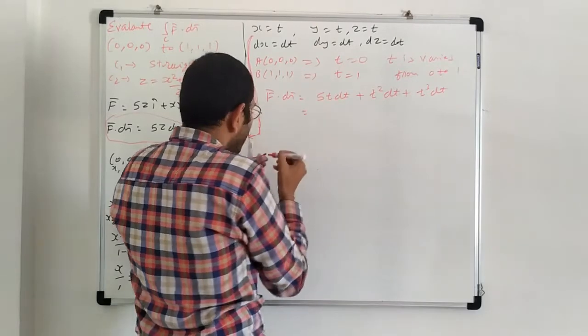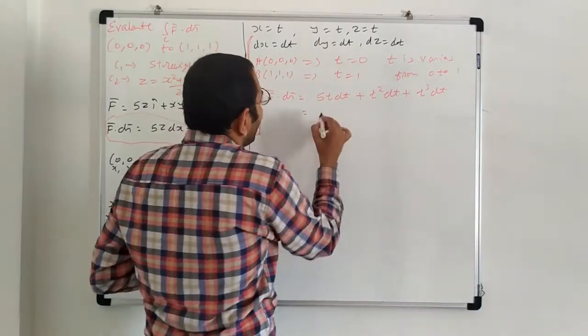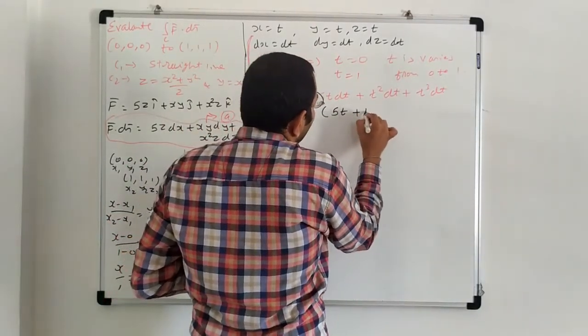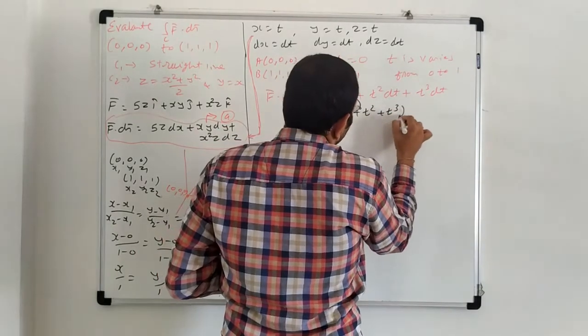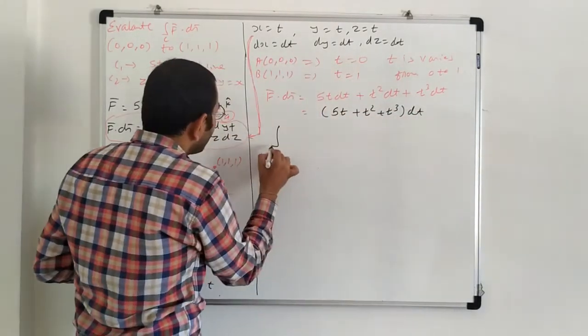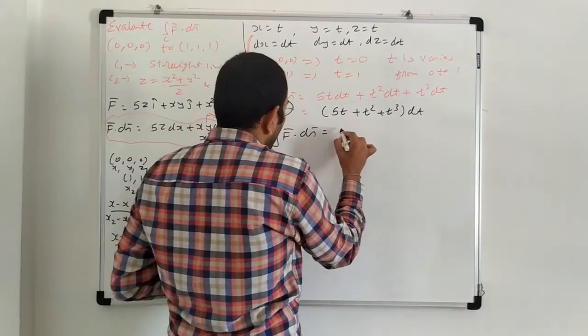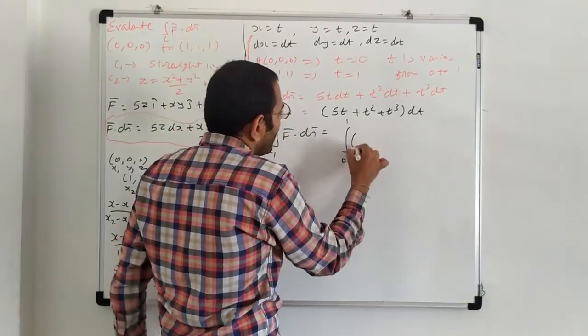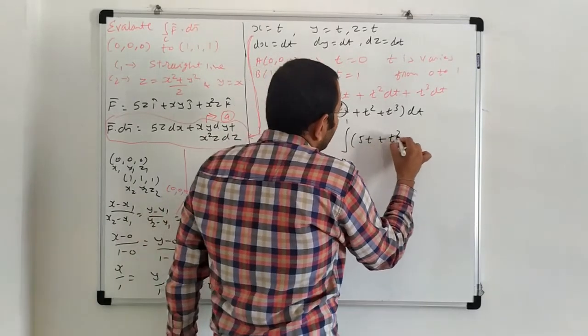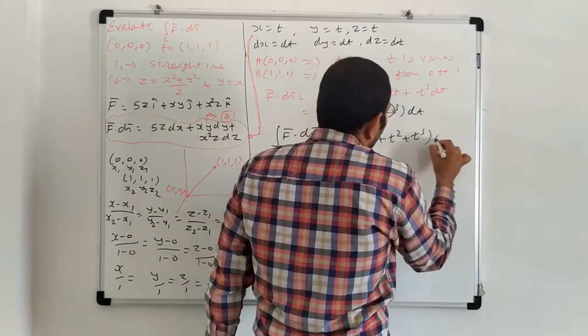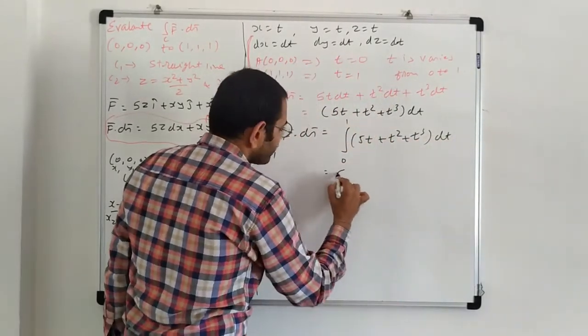Here dt is common, then we get 5t plus t square plus t cube dt. Then the integral over c1 of f bar dr equals the integral from 0 to 1 of 5t plus t square plus t cube dt.